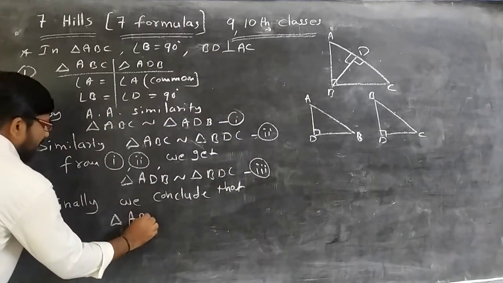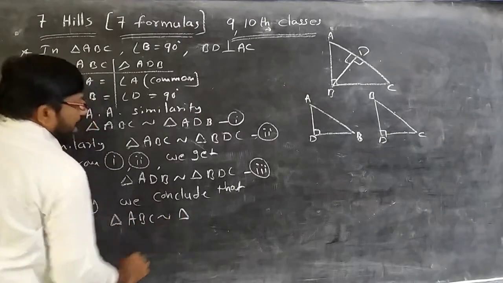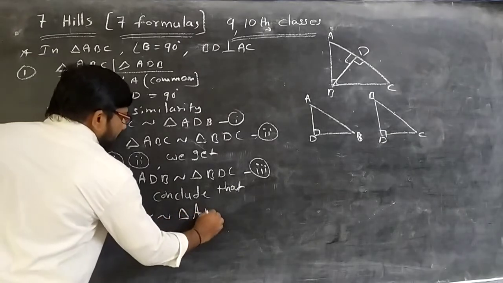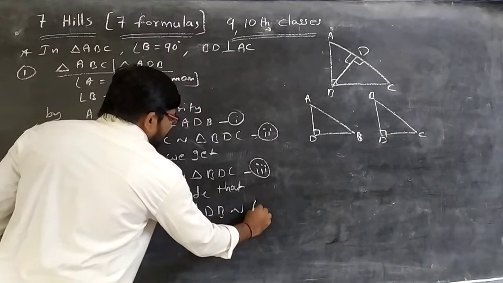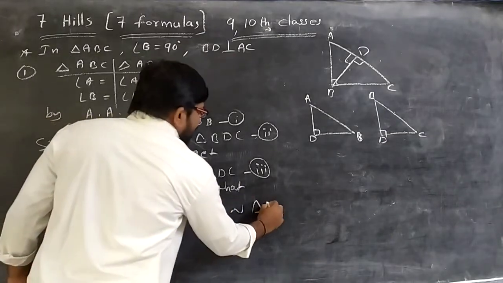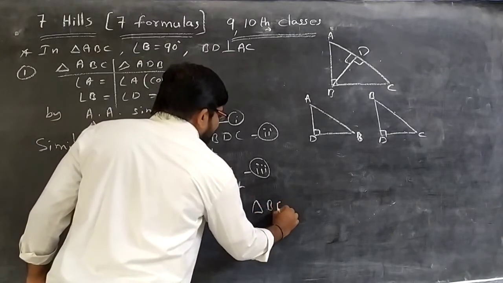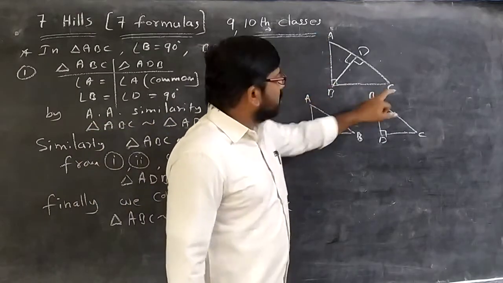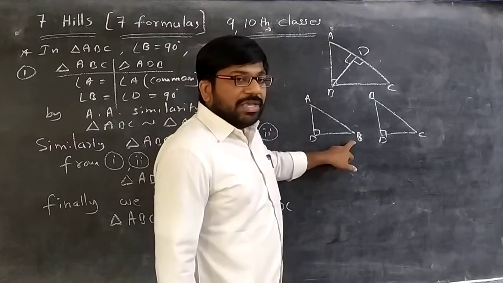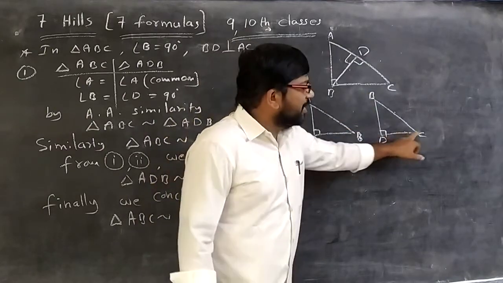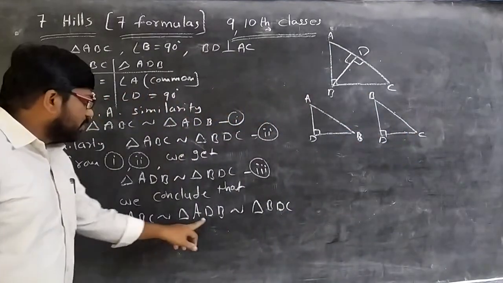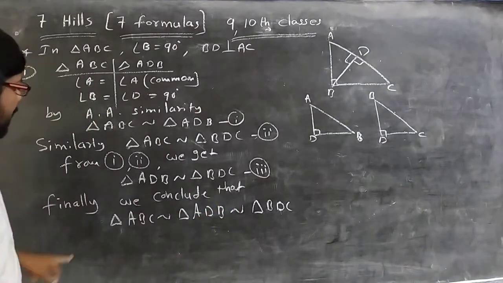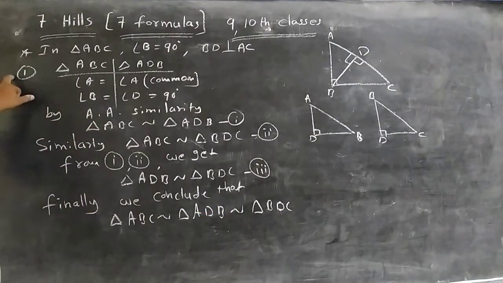Triangle ABC is similar to triangle ADB is similar to triangle BDC. So this is the first formula.